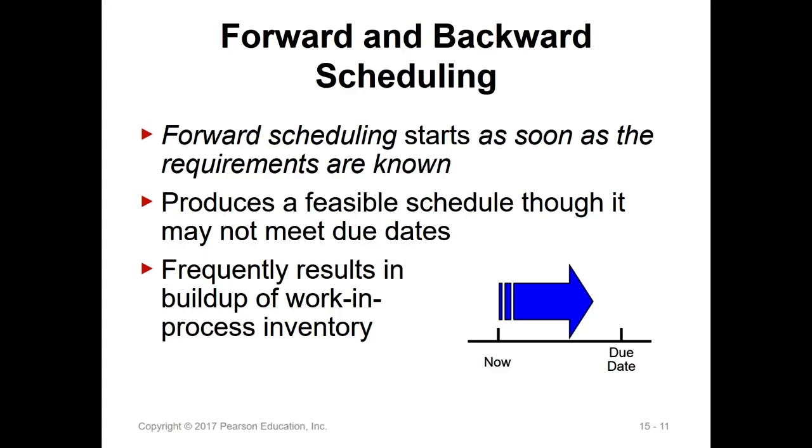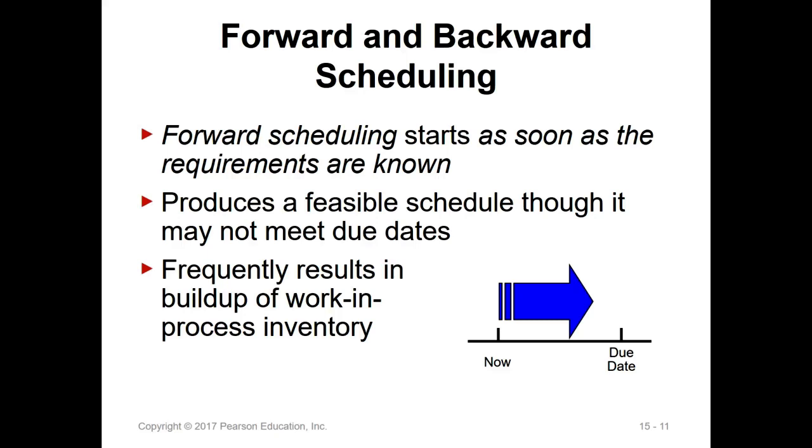As soon as you know the job requirement, how long you want to process the job, and keep going, it's going to produce a feasible schedule. Because we do not really look at the due time and you are going to make a feasible schedule, that means once you make the plan, for sure you can implement it. But the problem is, sometimes we cannot guarantee the due time.